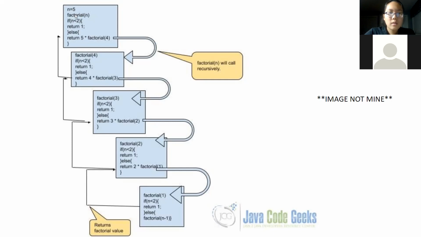It's just saying if you did factorial n, then we're saying if n is less than 2. That's the base case, because it's returning 1, so we're ending the method. But 5 is not less than 2, so we go to the else statement, and we return 5 times factorial 4. That's the n-1 part.